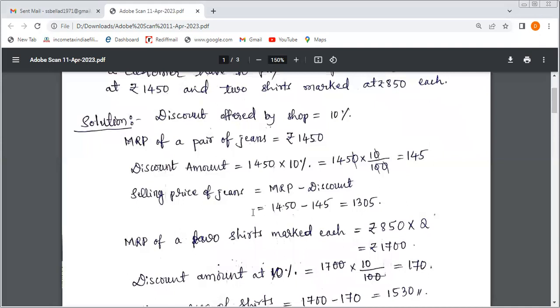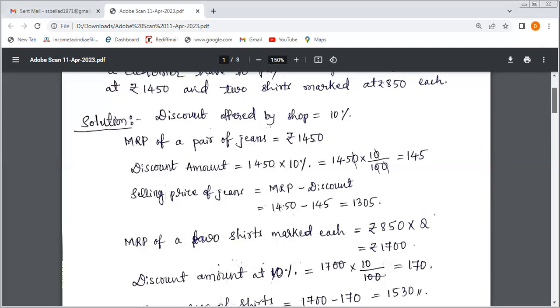And next I am calculating the selling price of the jeans. The formula for this is: the selling price of the jeans is MRP minus discount. MRP is 1450 and the discount amount, as we have calculated just now, is 145. Subtract these two, you will get 1305 as the selling price of a pair of jeans.